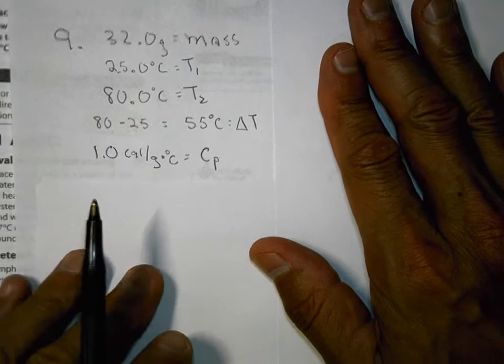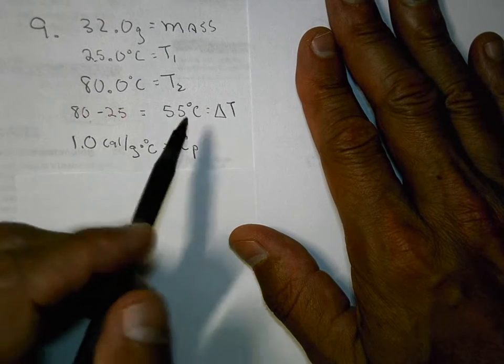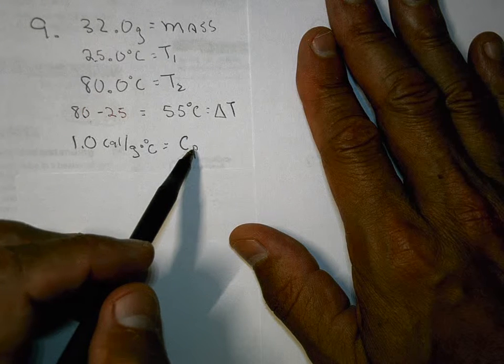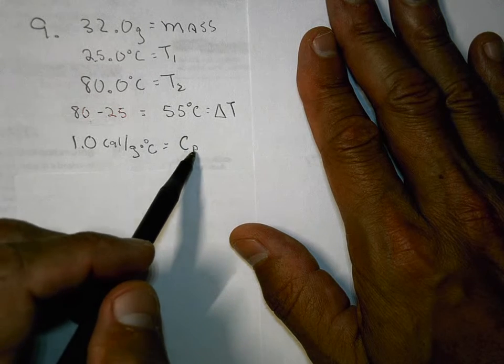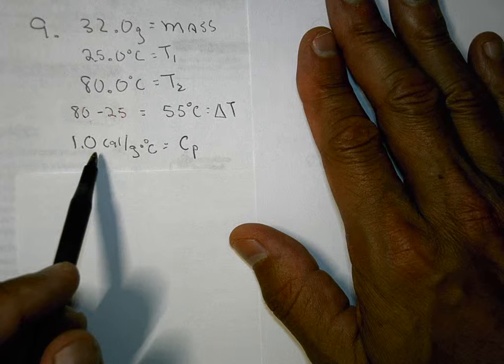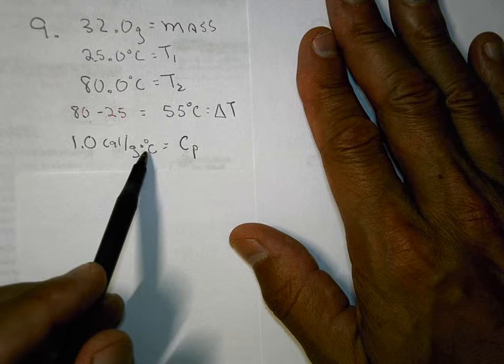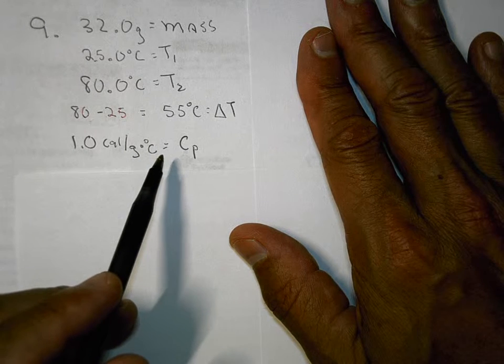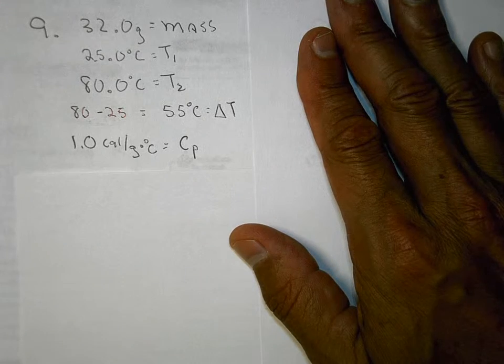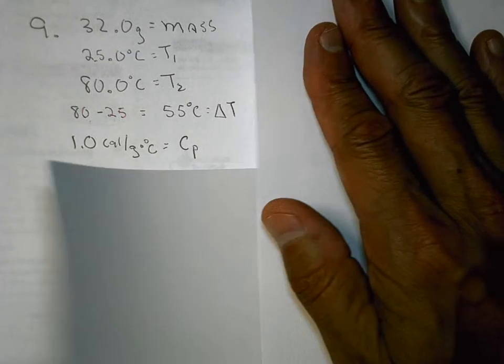Now we're given the specific heat, capital C, lowercase p. I'll just say Cp is 1.0 calories over grams times degrees Celsius. That's the specific heat of water in the problem.